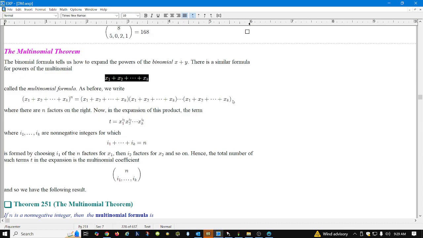There are n factors here, all the same. Now, when this is expanded, the terms will have this form, where the exponents are non-negative integers whose sum must be n.